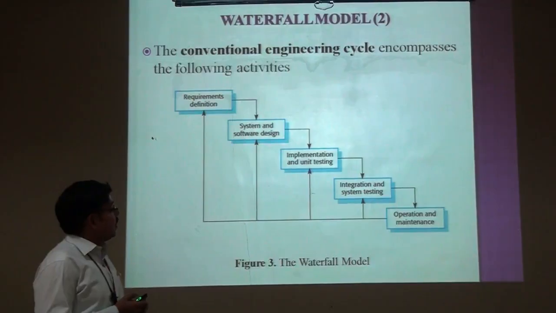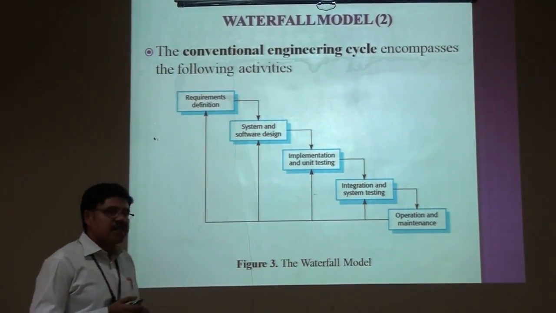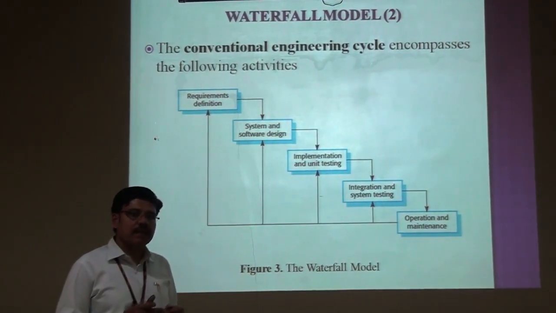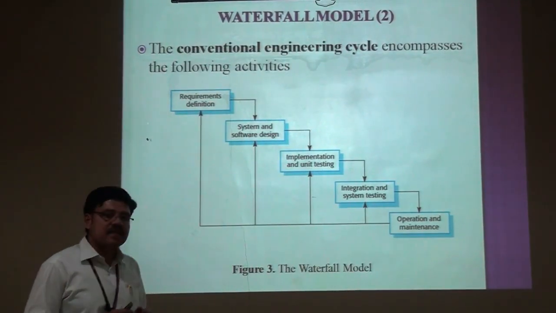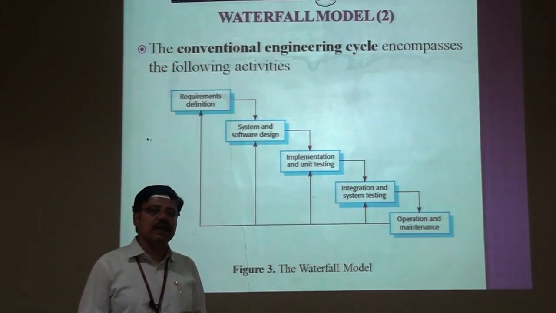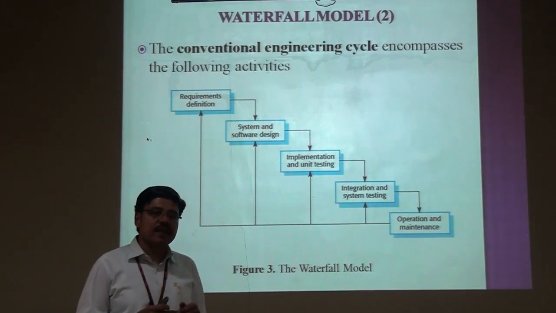So this is the conventional engineering cycle, which includes the requirements definition. In this requirements definition, we gather the requirements from the client and prioritize them. Based upon the requirements, we design the software. After designing the software, we implement the requirements and do the unit testing. Unit testing is nothing but modular testing.